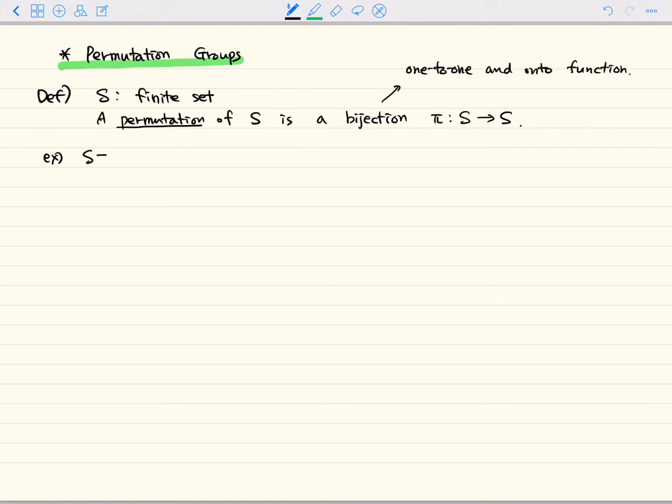So for example, if S equals {1, 2, 3}, and if you take a function pi from S to S defined by pi(1) = 2, pi(2) = 3, pi(3) = 1, then this is a bijection. So then pi is a permutation.